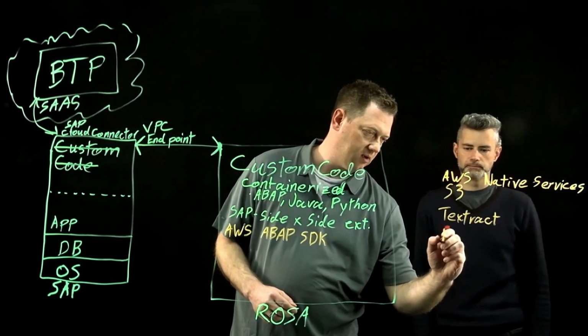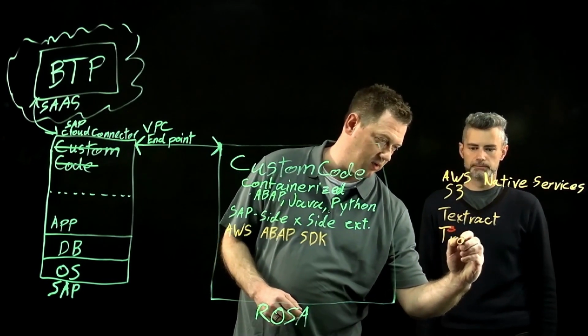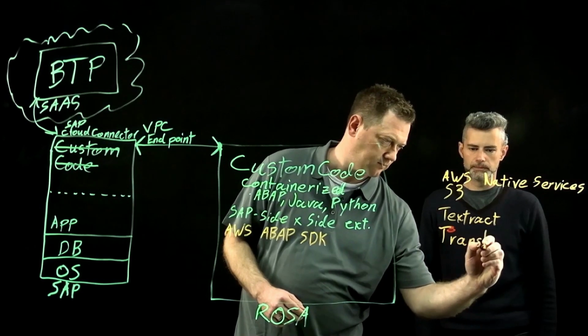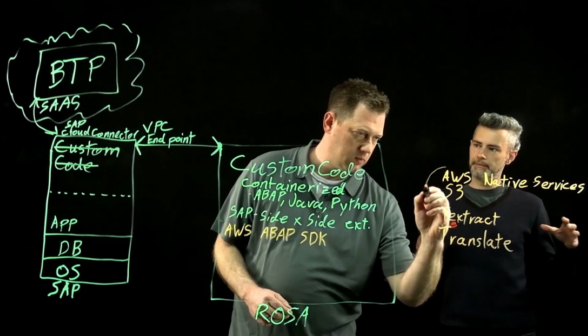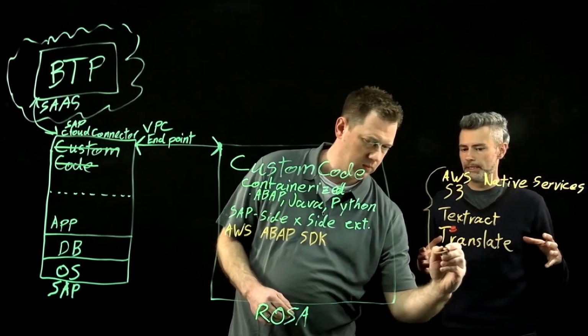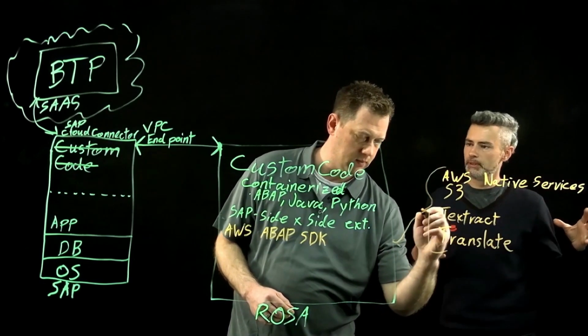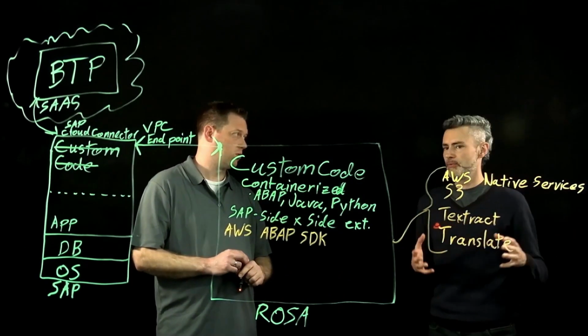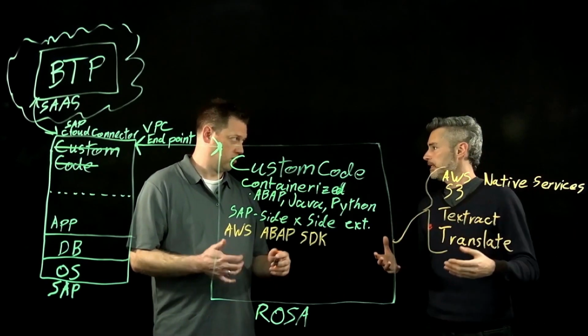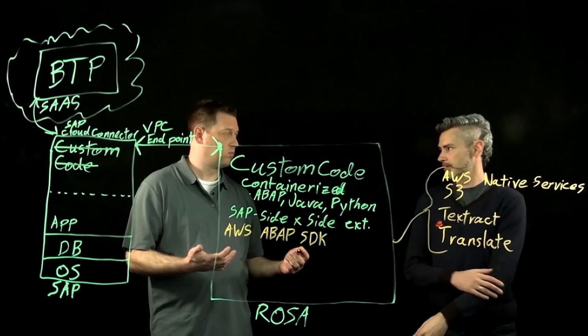Then we have Translate, another one that a lot of customers use. It's very handy for SAP customers as well that have, for example, support teams or users with different native languages, in order to make everyone aware of communication, for example, of tickets and updates on tickets.